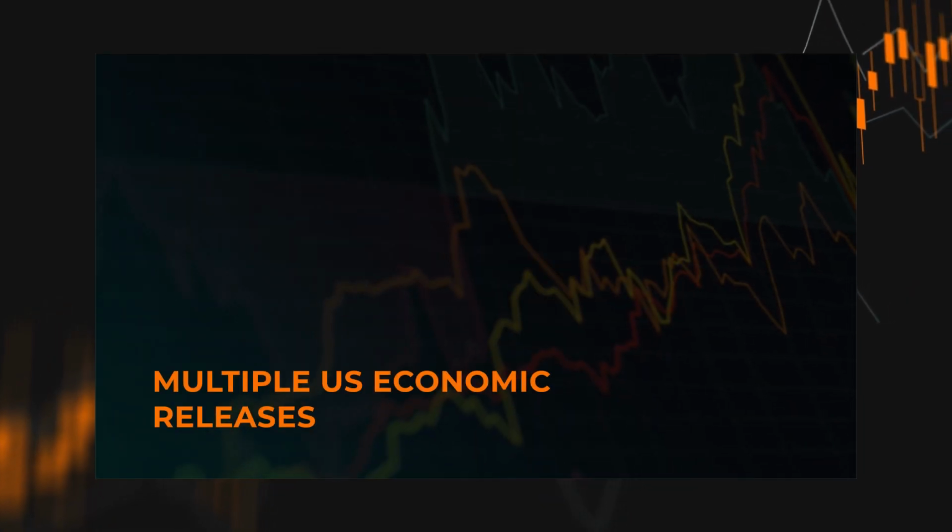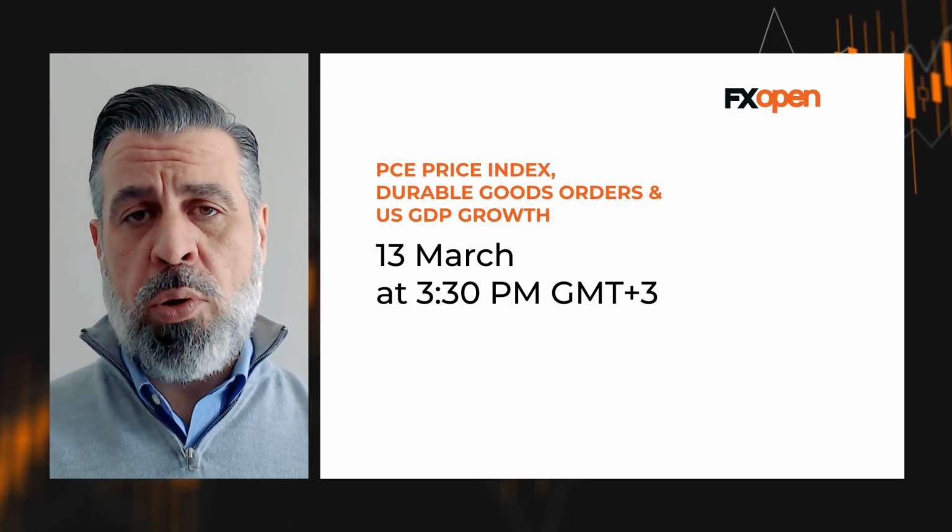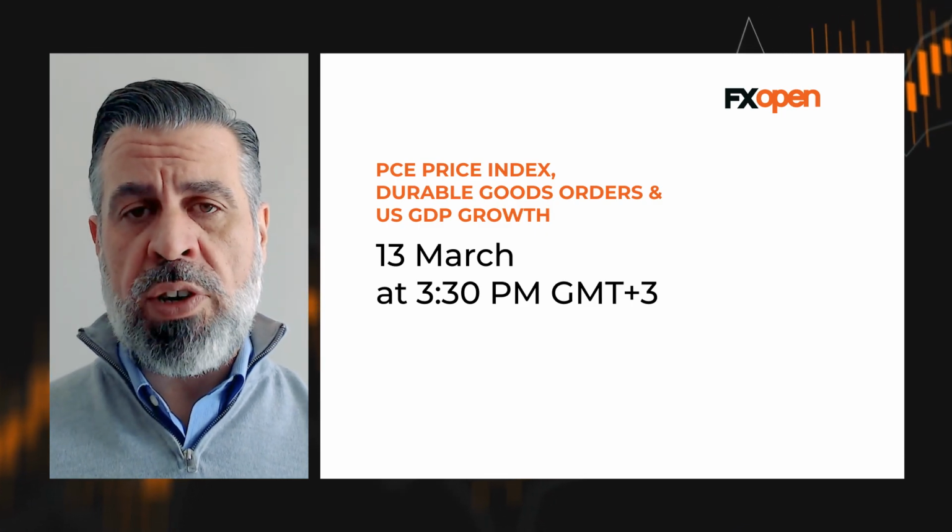Go back to the US now, and on the 13th of March at 3:30 p.m. GMT +3, several important US indicators will be released at the same time. Now, these include the PCE price index, personal income, personal spending, durable goods orders, and the second estimate of US GDP growth. Now, the PCE price index is particularly important for traders as it's the Federal Reserve's preferred measure of inflation.